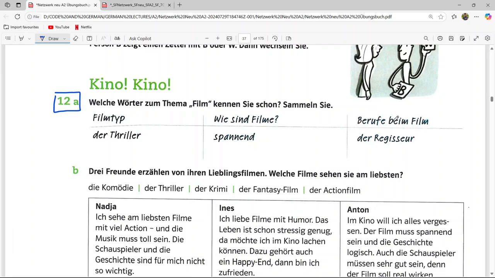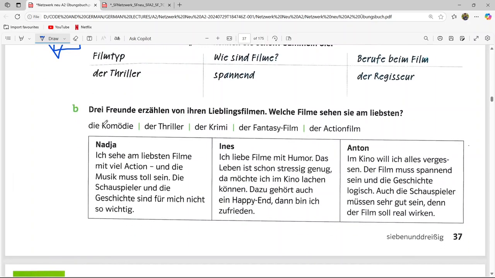What are the Berufe beim Film? So profession related to the film. He can be the Schauspieler. Schauspieler is actor. Schauspielerin can be actress. Regisseur means the director. So there can be so many professions. So try to know as much words as you can. Okay, so we solve the next one.